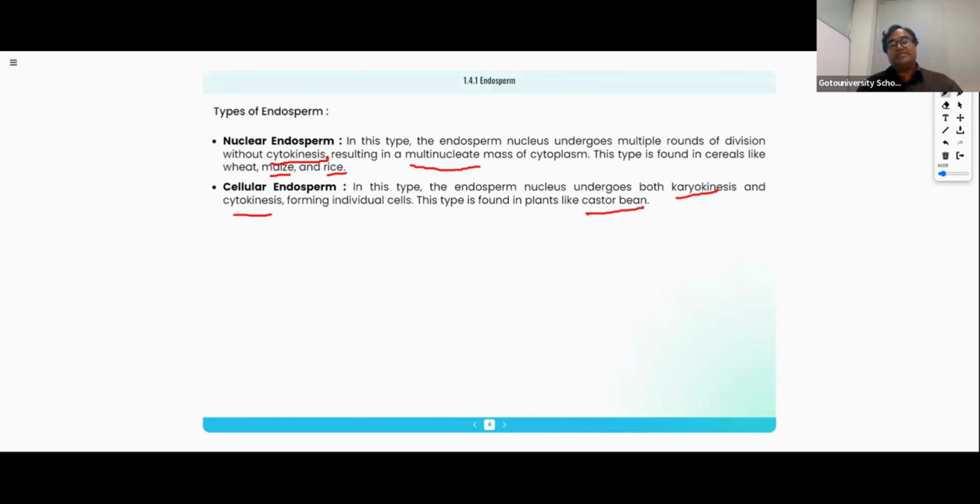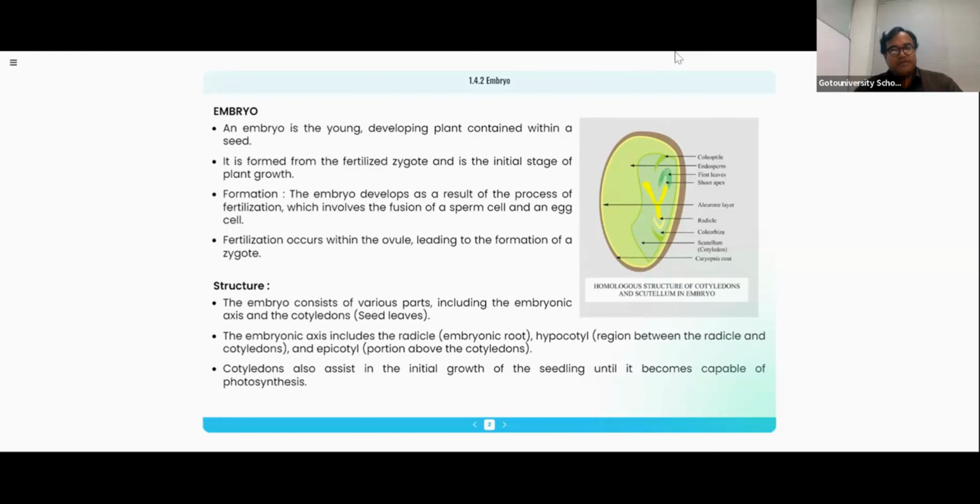To have sustainable management, your mind should work in multiple ways. The nuclear endosperm, with many nuclei, and the cellular endosperm, with a single nucleus, are very, very important for plant development to happen.